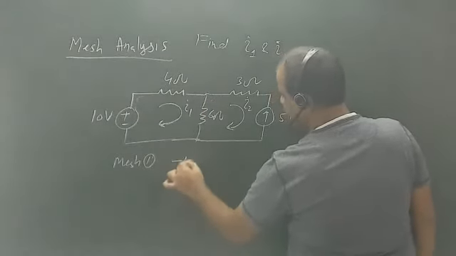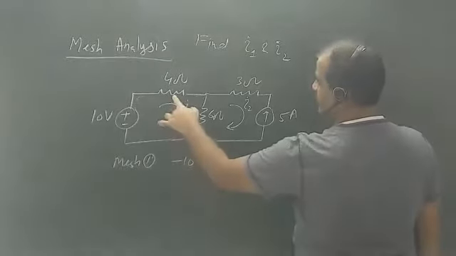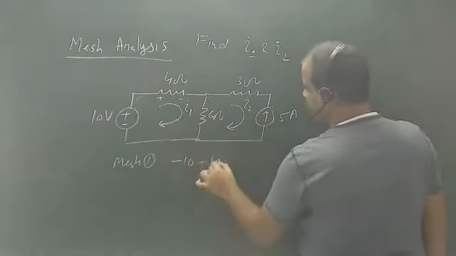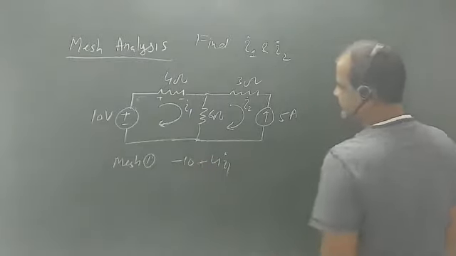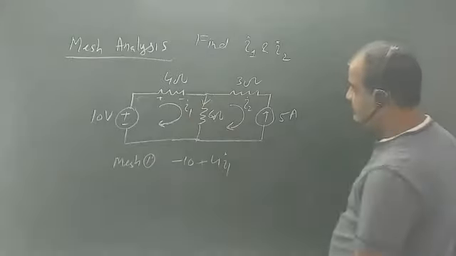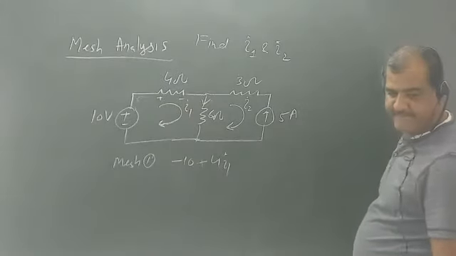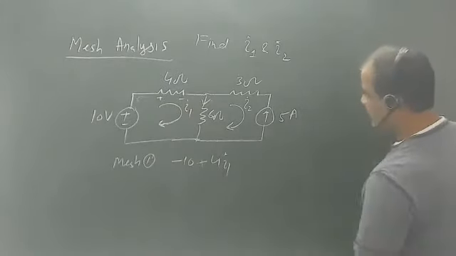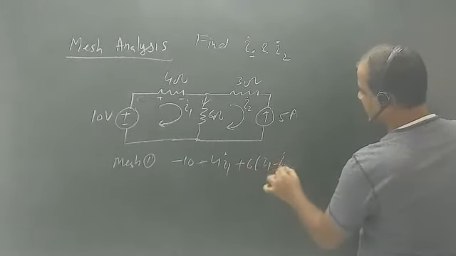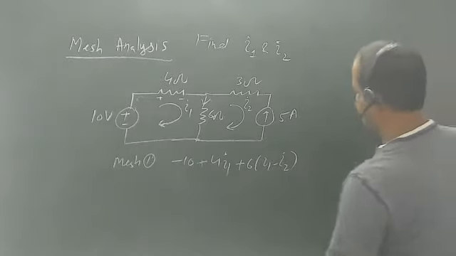This will become -10. This will become plus 4 I1. Now what is the current here? यहाँ पे कितना current होगा? I1 minus I2. So 6 times I1 minus I2 equals 0.